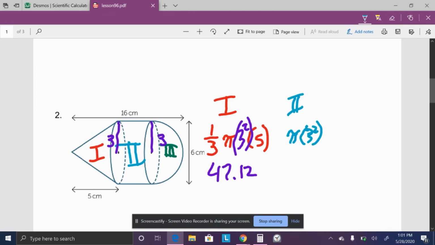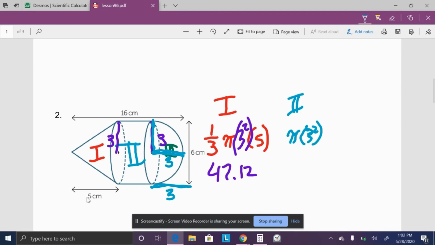And the height, do we know that? We know this is 5, right? We know this whole thing is 16. We know this is 5, and this is going to be the same thing as this, which is the same thing as this. So if this is 3, that means this is 3, that means this is 3.